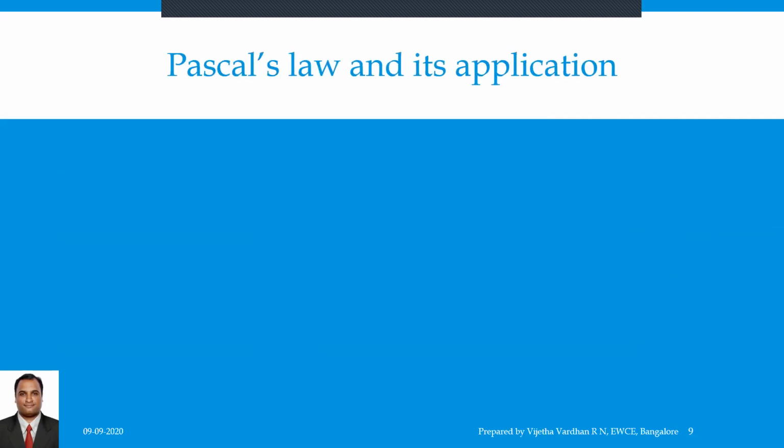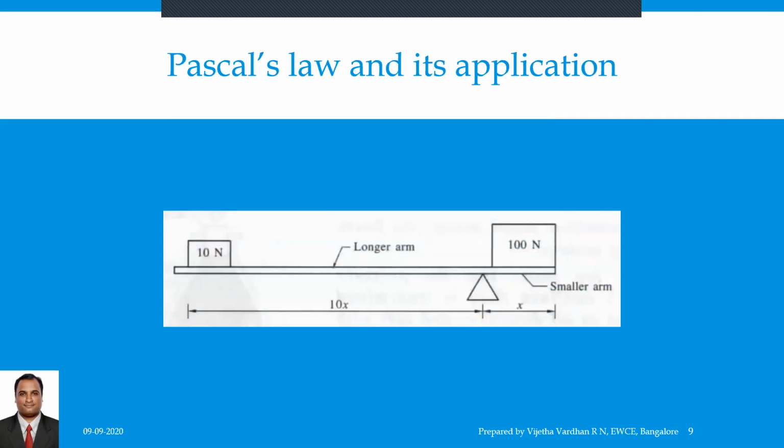This is similar to the simple moment of a force in a mechanical lever, as shown in the figure. The moment of a force about a point is equal to the product of the force and the perpendicular distance between the line of action of the force and the point about which the moment is taken.